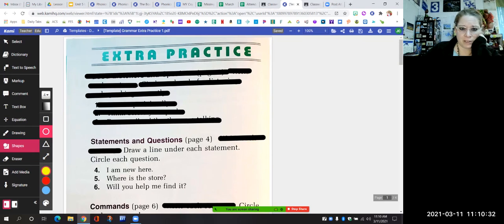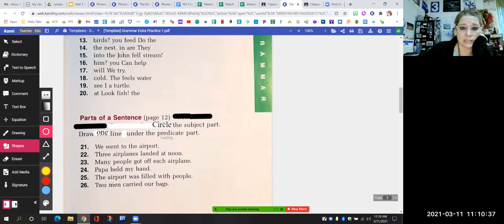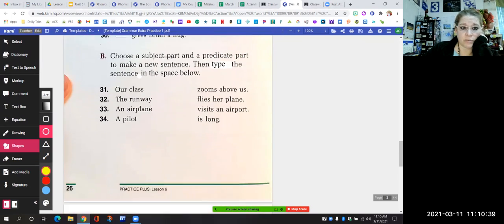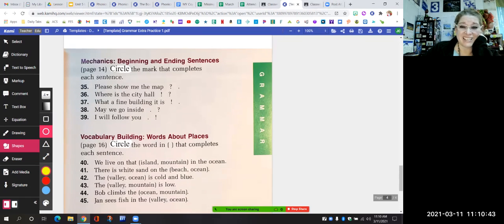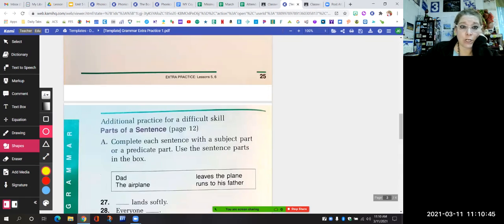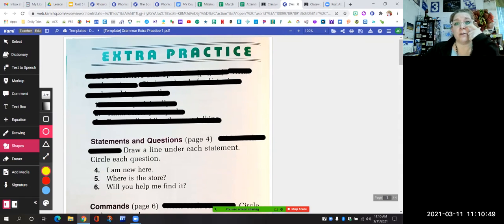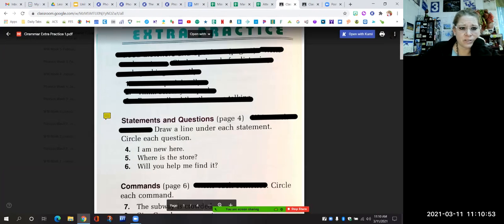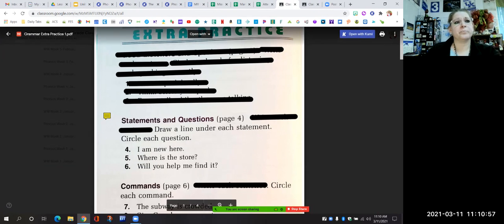I don't know why it's not on my copy. So this is kind of big, but it's just review. It's everything you have already done before, and it is going to be used as a grade. So please make sure that you do those to the best of your ability. This right here shows me that there is a comment, but for some reason I can't see it. You guys will be able to see it when you open it.